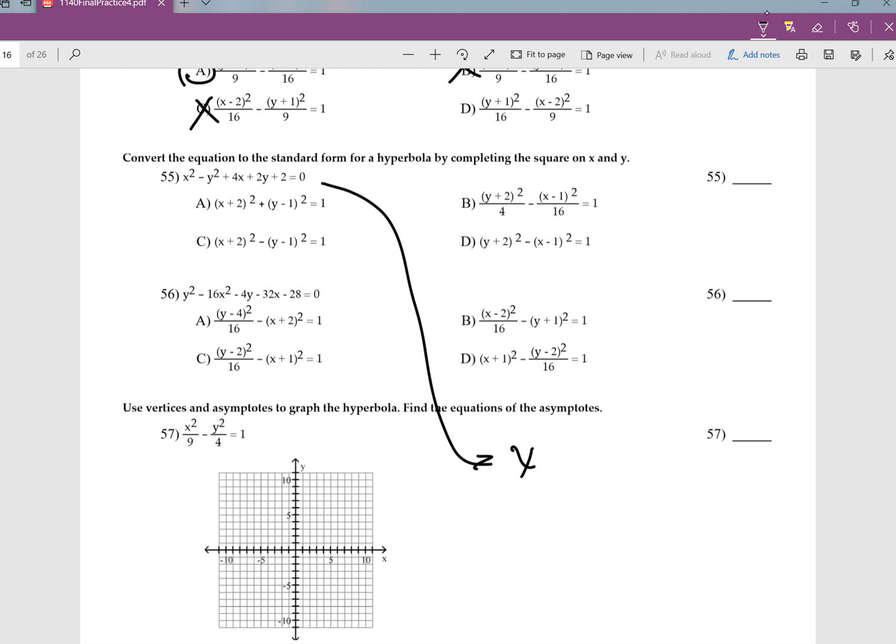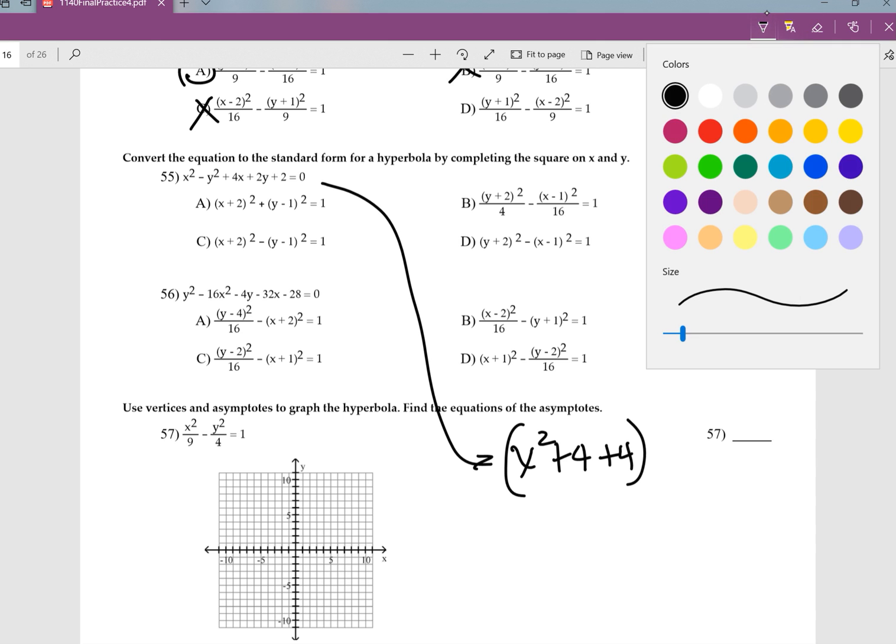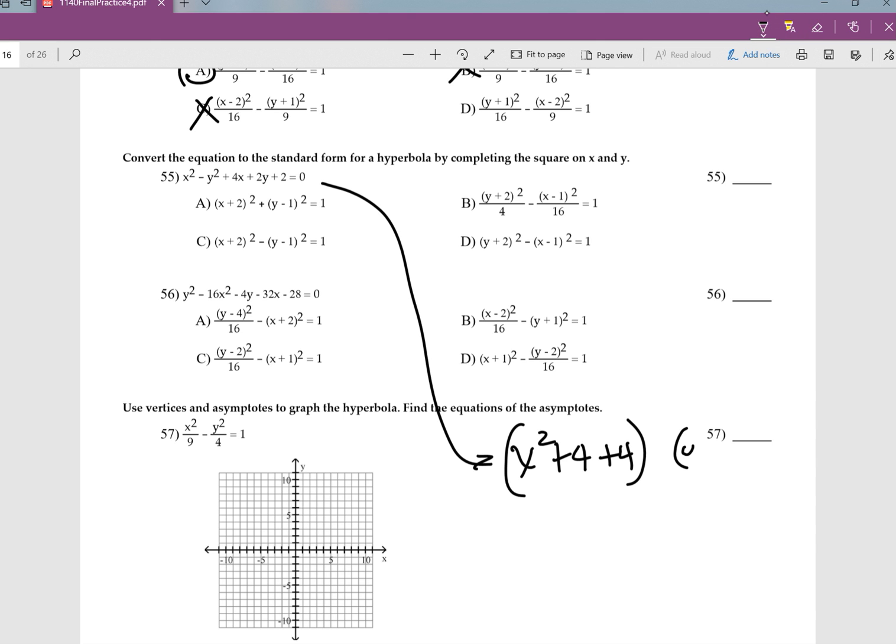So you have x squared plus 4x plus 4, because I took half of 4 and squared it, minus, sorry, my bad, it's a negative, so I'm actually going to do minus of y squared plus 2y, half of 2 is 1, so plus 1, and this is equal to negative 2 on this side, so that means that I have to add 4, and I have to add 1 to balance out the equation.